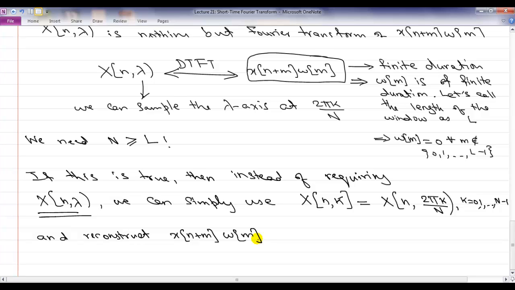In other words, we can do the short time Fourier transform calculation very fast inside a digital computer by simply using DFT, because taking the samples is equivalent to just computing the DFT. So if I want to compute this X_n[k], that is simply equal to the N point DFT of the sequence x[n+m]w[m].